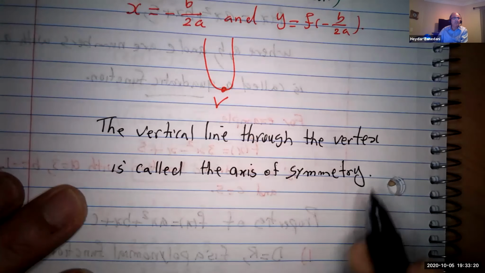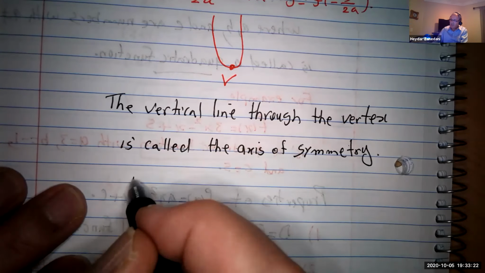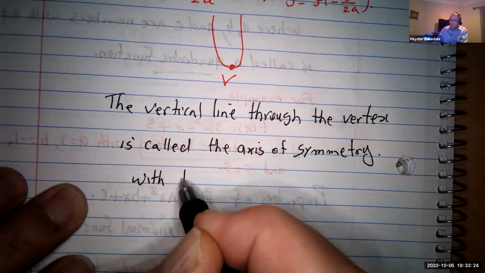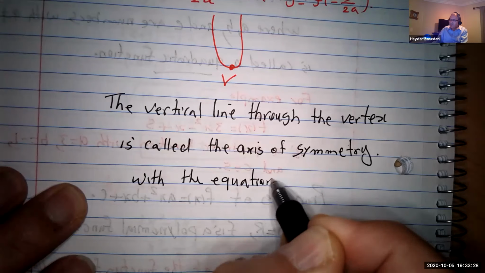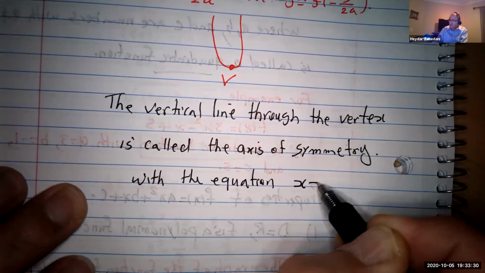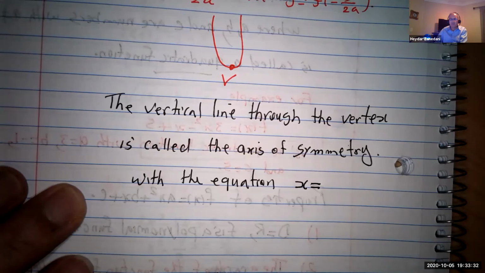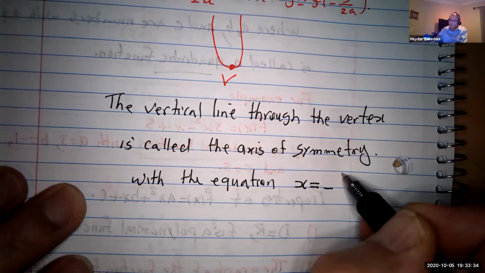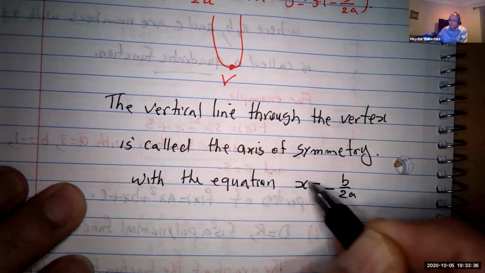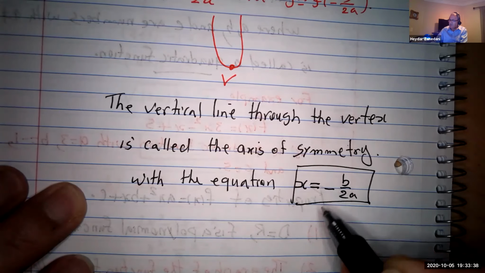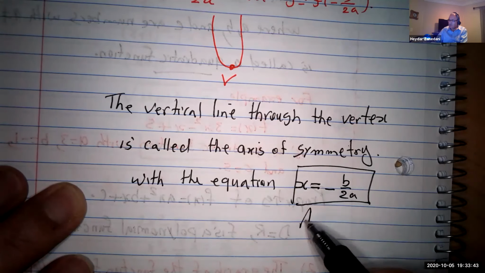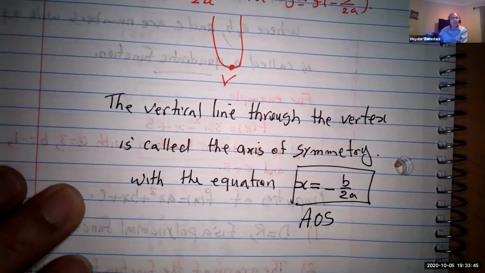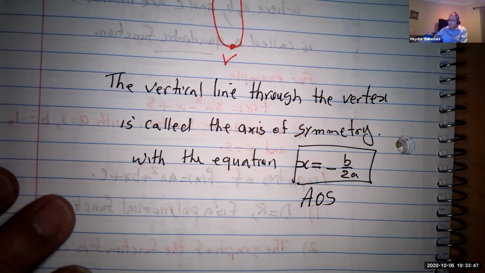The graph is going to be symmetric with the equation, and the equation is a vertical line. It starts with the x, so x of this line is the same as the x coordinate of the vertex, negative b over 2a. I'm going to call it the axis of symmetry. This is the one in short.